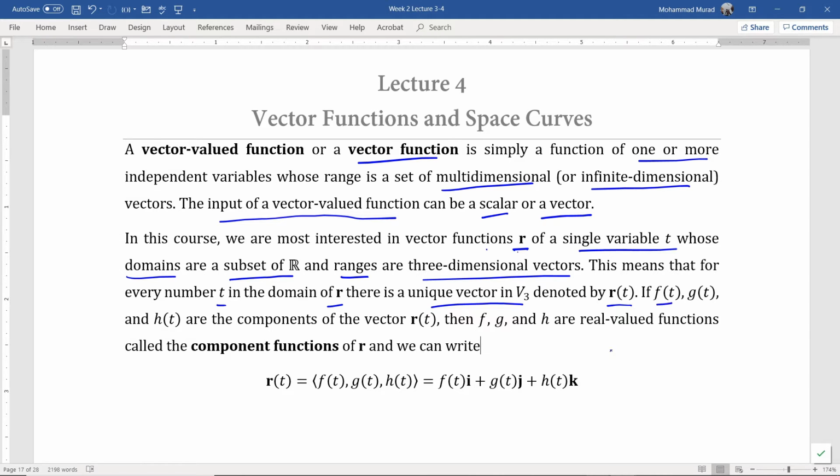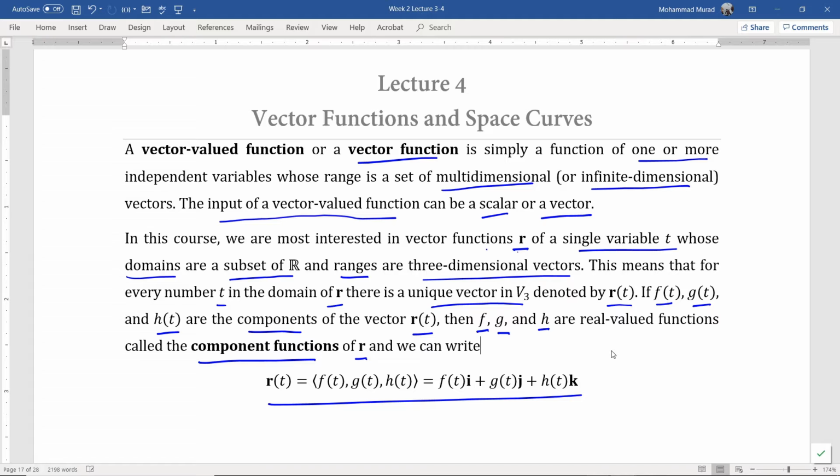If f of t, g of t, and h of t are the components of the vector R of t, then f, g, and h are called the component functions of R. And we write it this way.